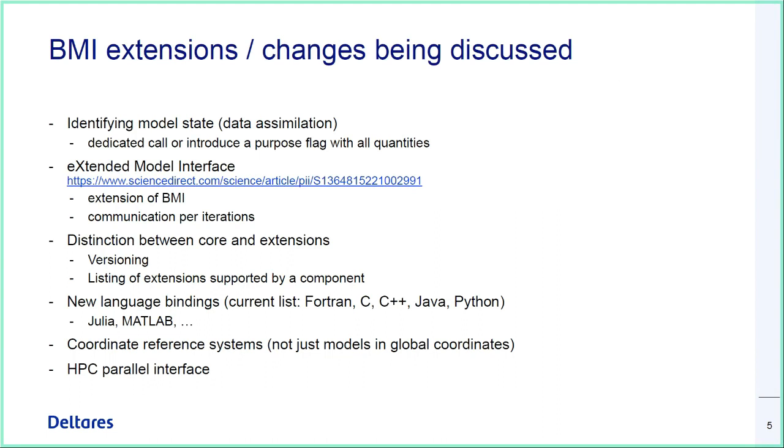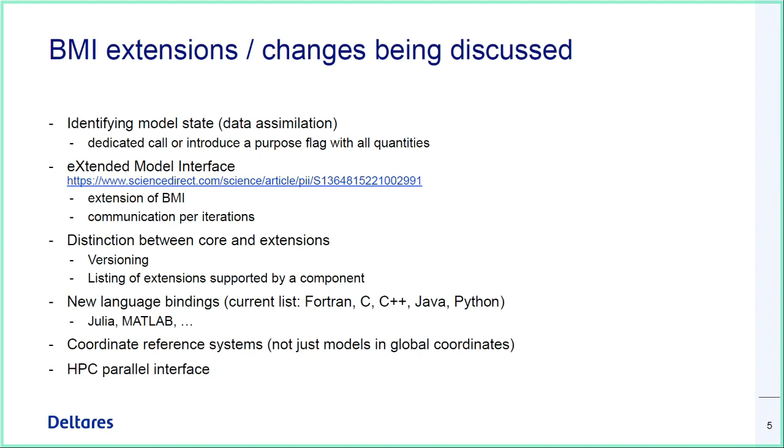If you look at the functions described in the API, we currently have a get input variables and a get output variables. One of the discussions is whether we have a get state variables, or should we just go back to having get variables and then have per variable a list and a kind of property? Is it input? Is it output? Is it state? Or you could think of other quantity options to be added in the future. But that's the first one.